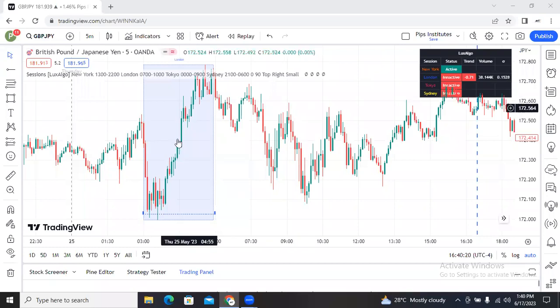So this is where we are, guys. I just removed the chart. This was the low of the day, and this is also the high of the day. This was an uptrend. Then all of a sudden there was a market structure shift, a market structure change of character. So we knew it was going to sell.